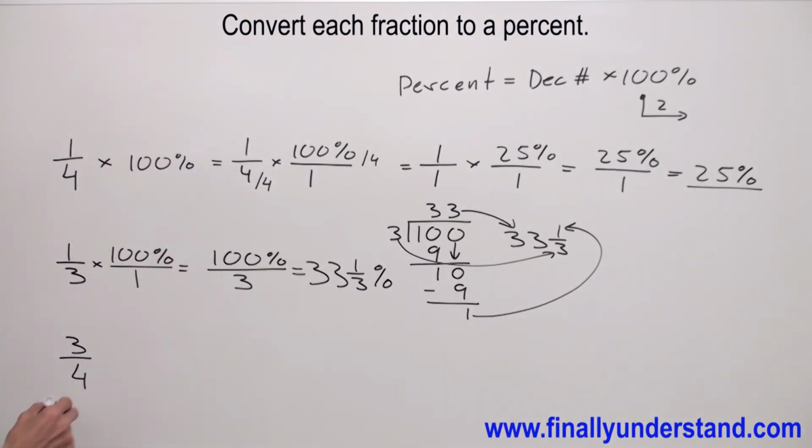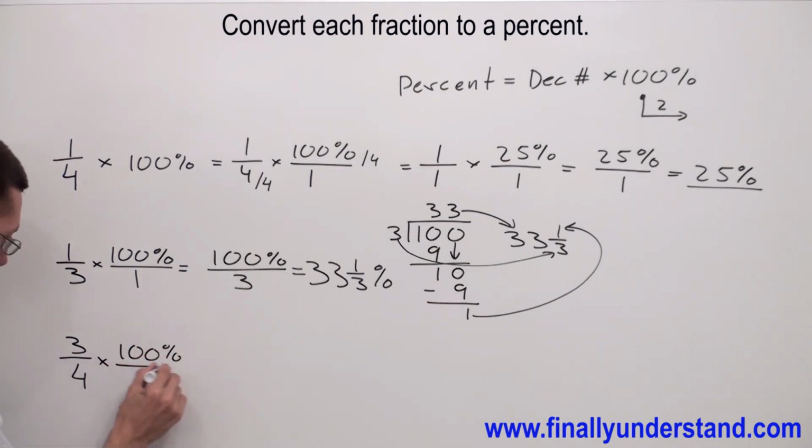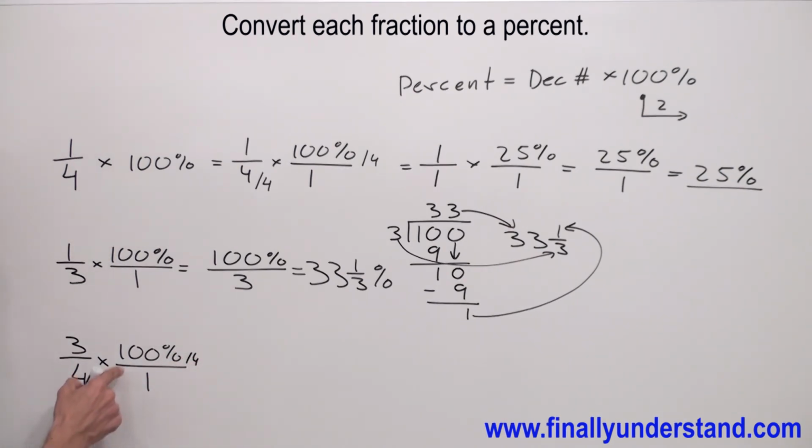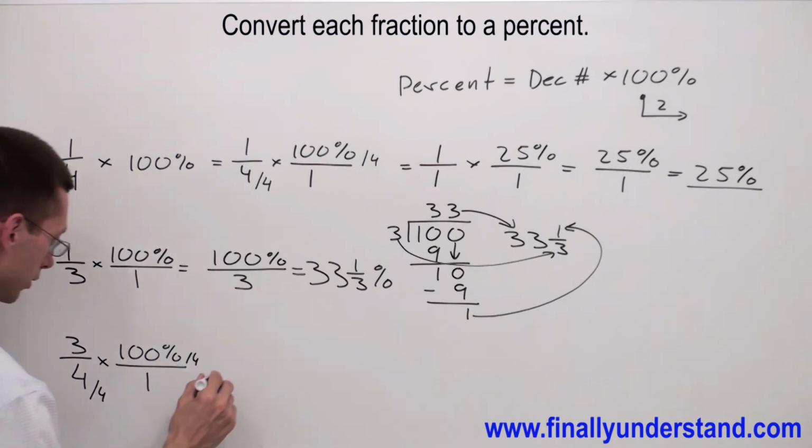Let's do next one. Again, anytime you want to convert fraction to the percent, you have to multiply that fraction by 100%. I'm going to convert this to fraction right away. Now, check if I can reduce any numerator with any denominator. 4 and 100, both of them are divisible by 4. So I'm going to divide 4 by 4, and 100 I'm going to divide by 4.